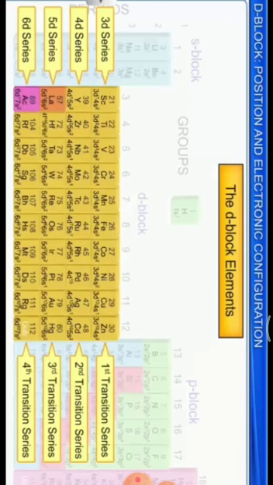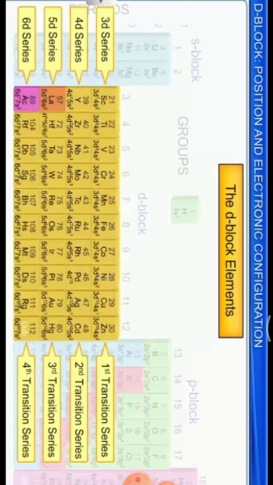In the same way, copper has configuration 3d10 4s1 instead of 3d9 4s2. This is again due to the same reason, that is, the greater stability of the completely filled 3d10 orbital.